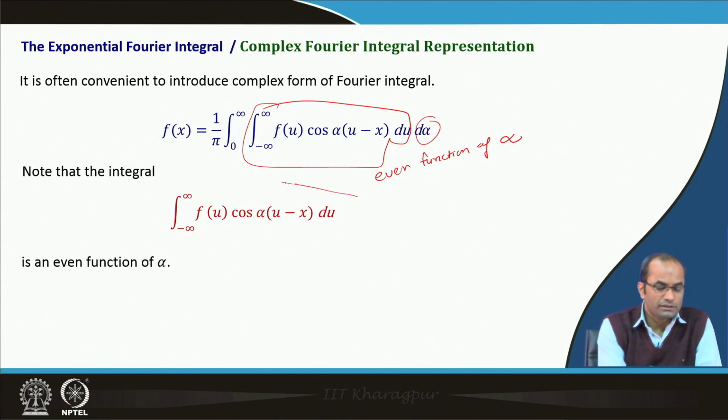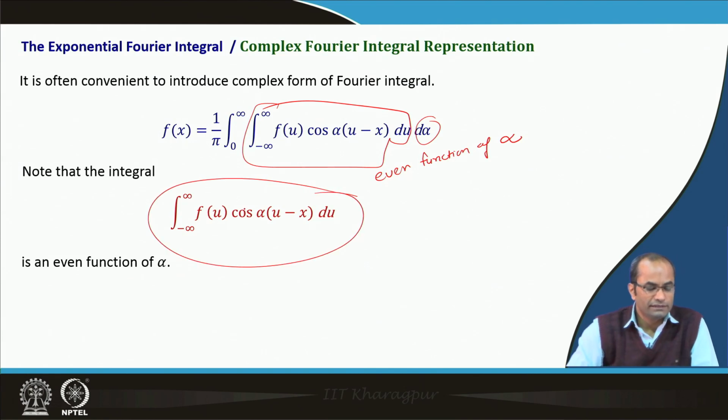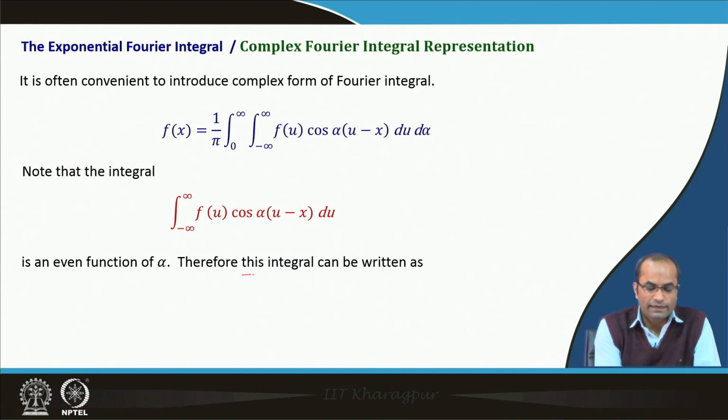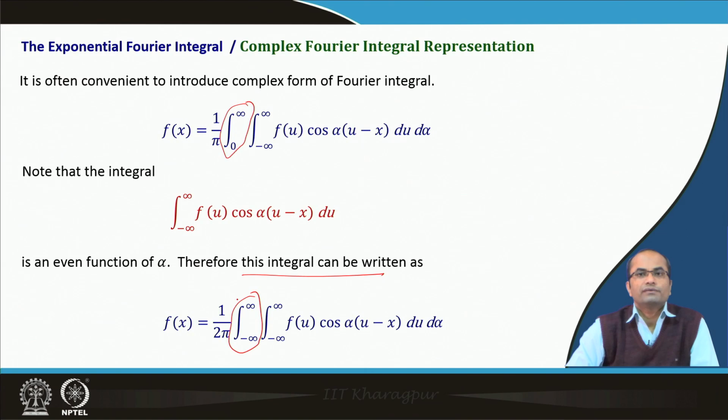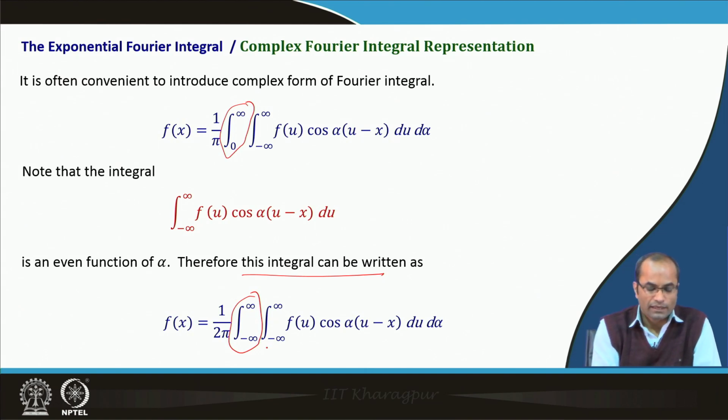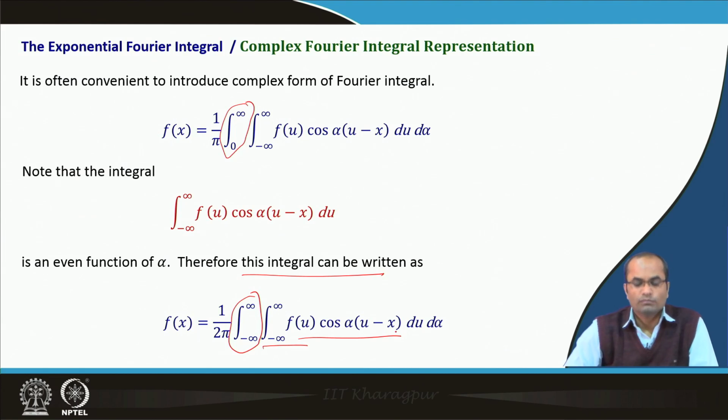Since the integrand is even, we can rewrite this integral as 1 over 2 pi, and instead of 0 to infinity, we take minus infinity to plus infinity, of f(u) cos alpha(u minus x) du d alpha.